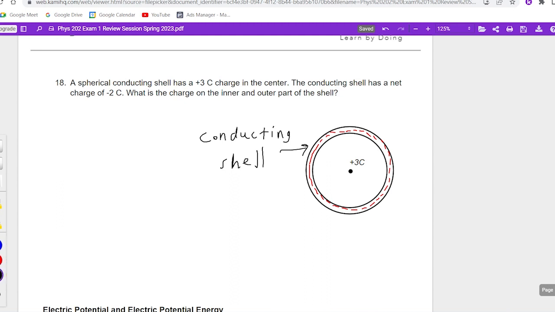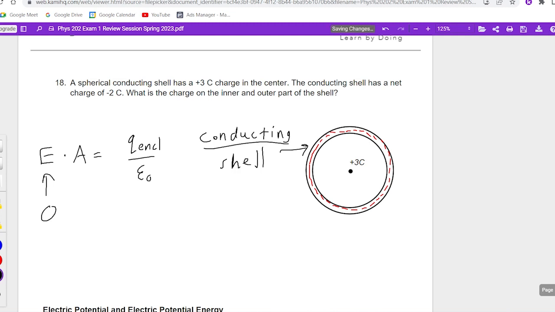How, you ask? Well, we just use the equation. Electric field times the area is equal to the charge enclosed divided by epsilon naught. And the cool thing is, I already know my electric field for this one. The electric field is 0. How do I know it's 0? Because it's a conducting shell.